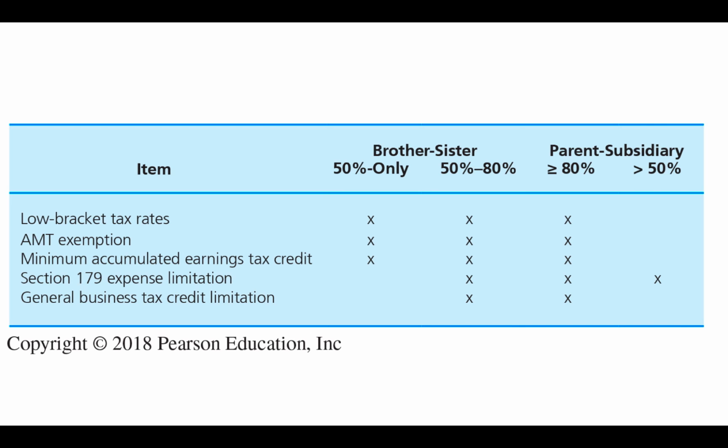For the minimum accumulated earnings tax, we only have to do the 50% brother-sister test. We have to have the greater than or equal to 80% parent-sub test. For Section 179, the 50-80 test is going to apply. Under parent-sub, you can ignore this, we haven't really delved into that yet. And for the general business tax credit limitations, only the 50-80 test applies.